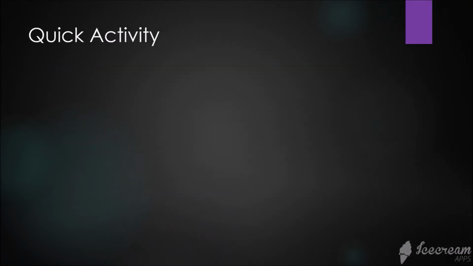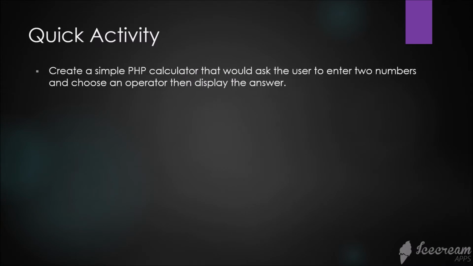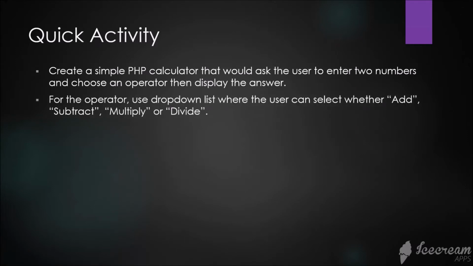Okay, so quick activity muna tayo guys. Create a simple PHP calculator that would ask the user to enter two numbers and choose an operator, then display the answer. For the operator, use drop-down list where the user can select whether add, subtract, multiply, or divide.